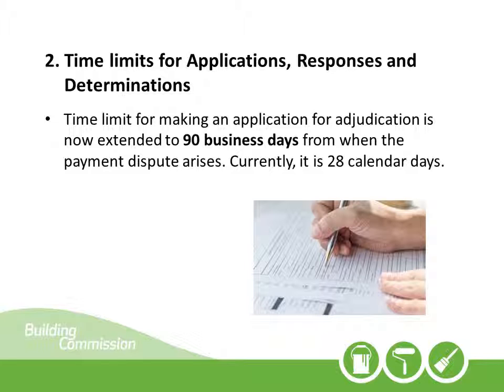This means an applicant can effectively look back 90 business days from the 15th of December 2016, and if a payment dispute arose under the construction contract within that period, then an application for adjudication will not be time-barred, even though prior to 15 December 2016, the 28 calendar day time limit applied.